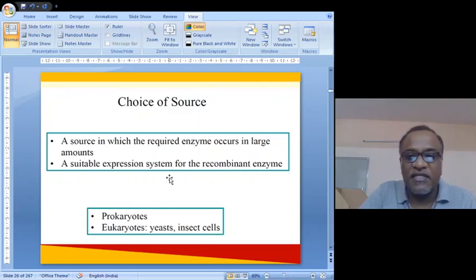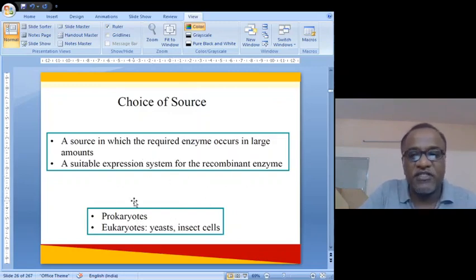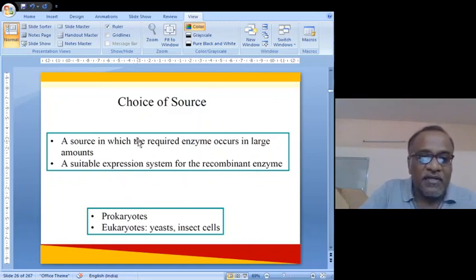All these things make up the source, but which source should be selected depends upon your experimental aim. But when you are selecting, you should keep these two things in your mind. If it is a recombinant enzyme, a suitable expression system should be available, and the source from which you are trying to isolate the enzyme should have it in large amounts.